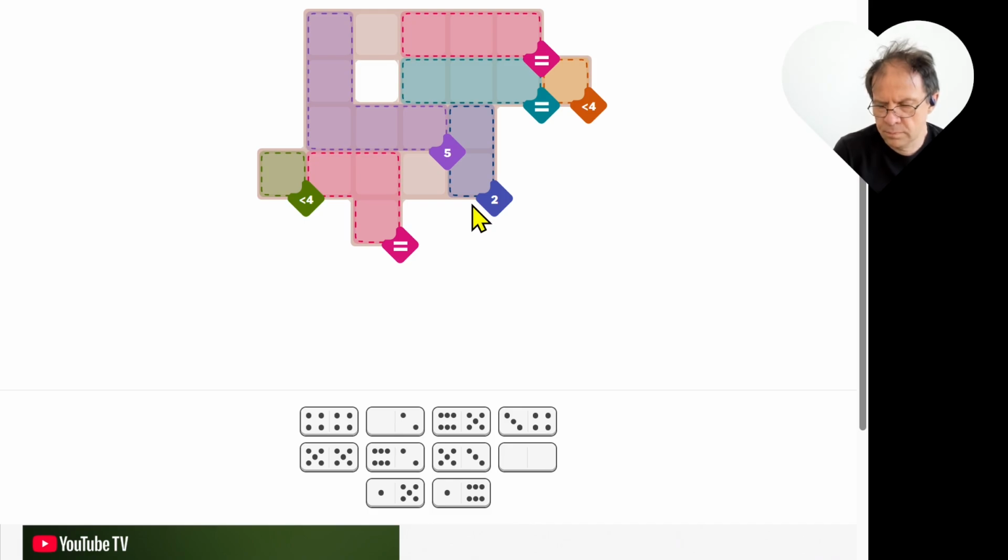There's no 1, 1. Can go this way also, a 1 and a 1. But the 1s are paired with 5s. Well, okay, so that's not going to work.